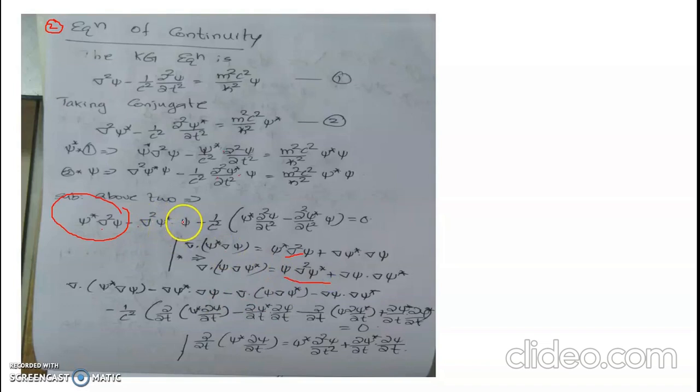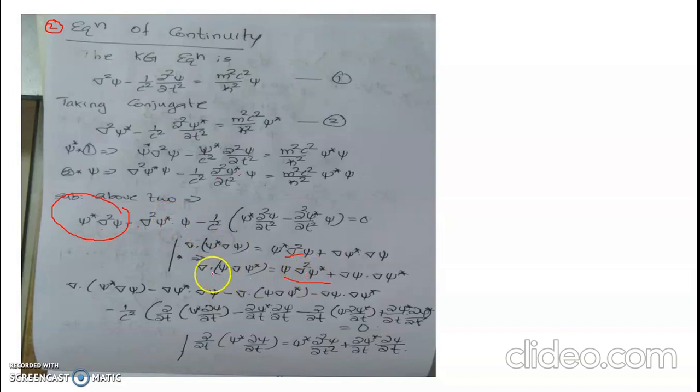This dot product is irrelevant because del square psi star will always be a scalar. Grad psi will be a vector. Del dot grad psi is del square psi, which is the divergence, that will be a scalar. So we need not bother about the commutability of this term. This will always be commutable.